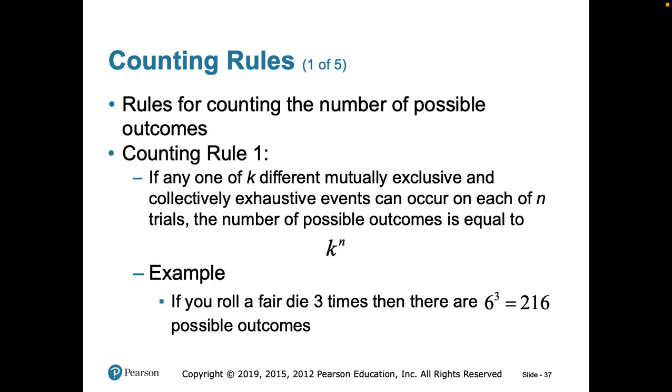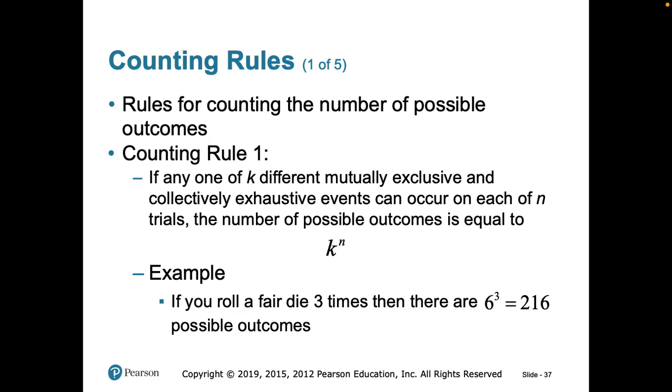The first rule determines the number of possible outcomes for a set of mutually exclusive and collectively exhaustive events. For any k different mutually exclusive and collectively exhaustive events that can occur on each of n trials, the number of possible outcomes is equal to k to the n.